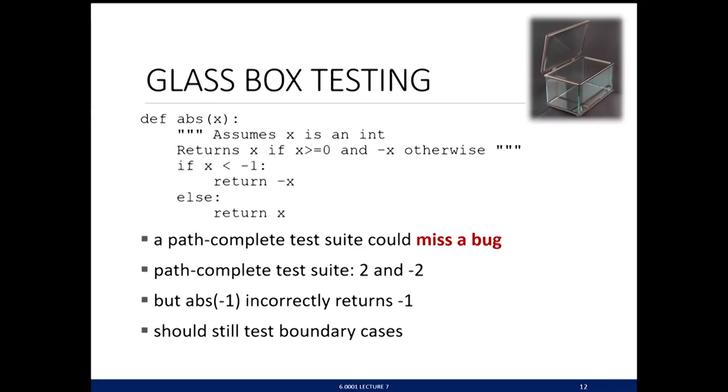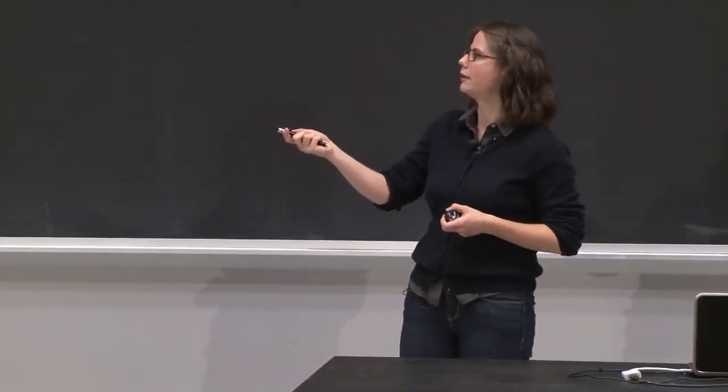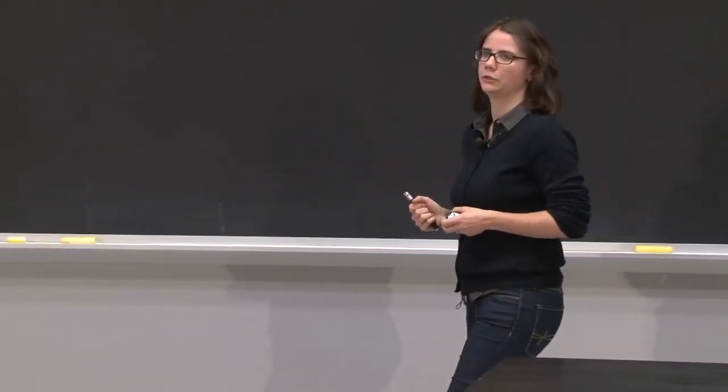And otherwise, which means pick a number greater than -1, so 2. So 2 and -2 yields a path-complete test suite. But notice that while we've hit upon every possible path through this code, we've actually missed a test case, -1. So this code incorrectly classifies -1 as returning -1, right, which is wrong.